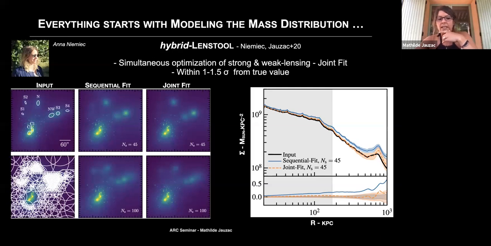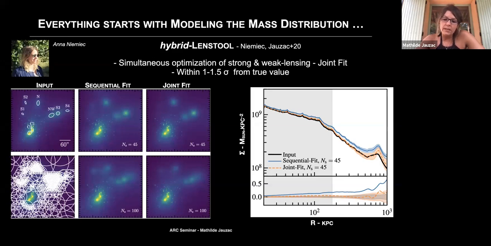By eye, the improvement is not absolutely crazily visible. However, if you look at the panel on the right-hand side, you can see the density as a function of radius. The input is in black, the joint fit is in orange, and the sequential fit is in cyan.